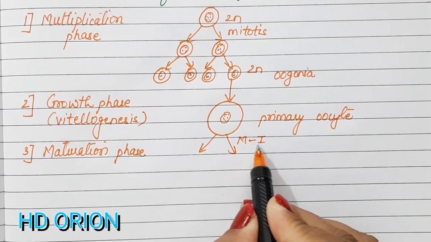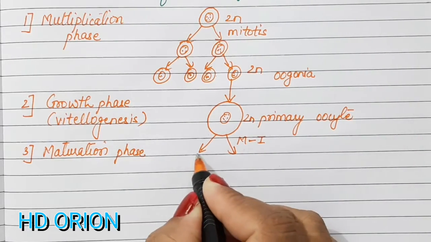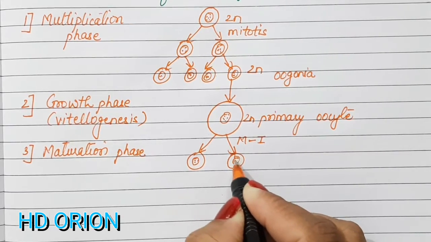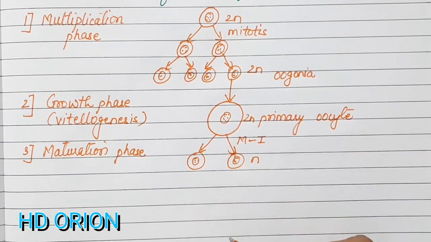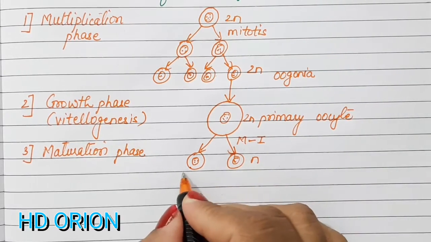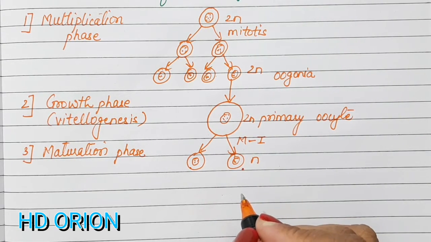So when it undergoes the first meiotic division, which is the reductional division, this 2n primary oocyte will divide to form daughter cells which are haploid, and this particular stage is very important because only one ovum is formed in the female body, and therefore the division of cytoplasm is unequal.